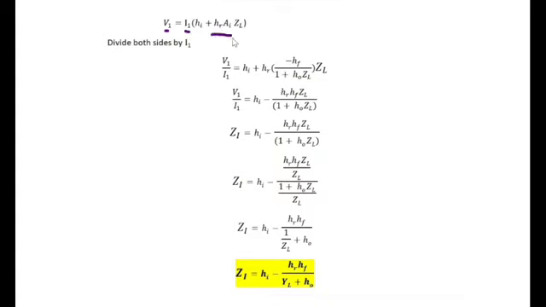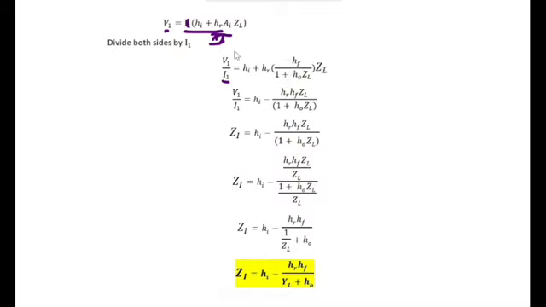If we divide the total equation by I1 on both sides, the I1 in the denominator and this I1 cancel, and we get V1 by I1 is equal to HI plus HR into minus HF by 1 plus HO ZL, into ZL.